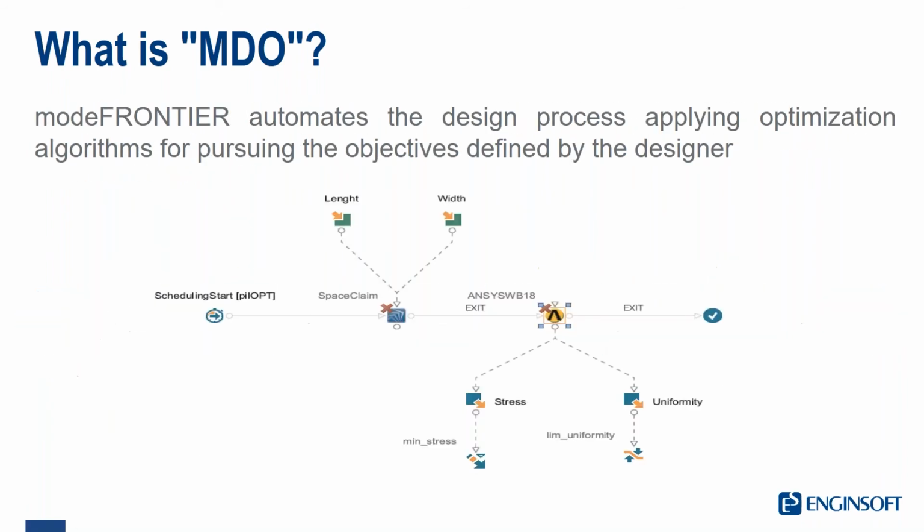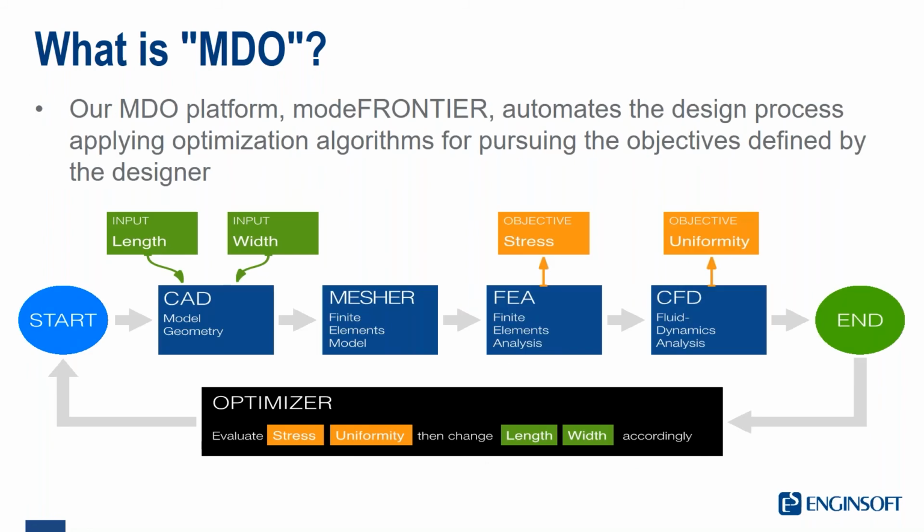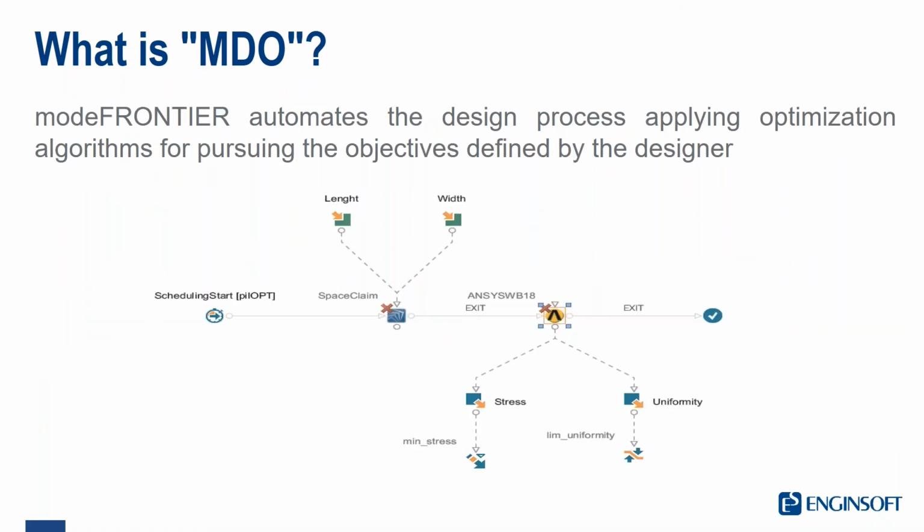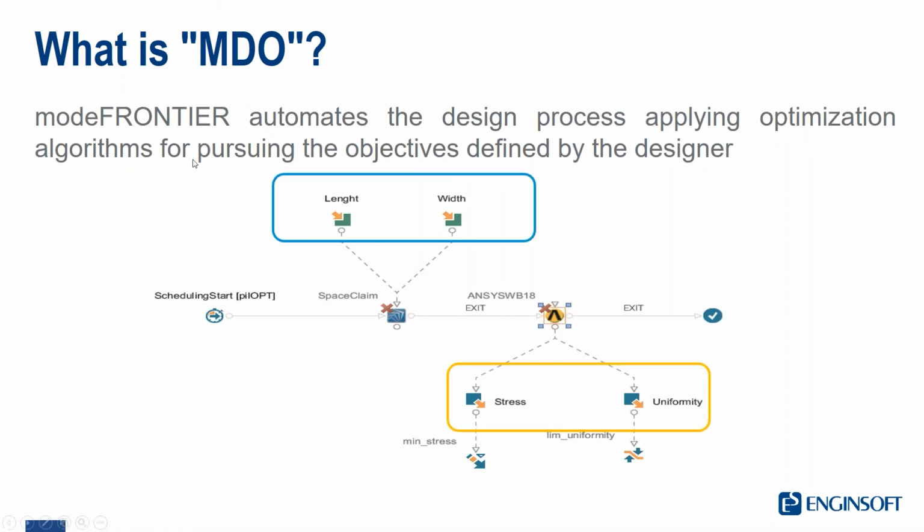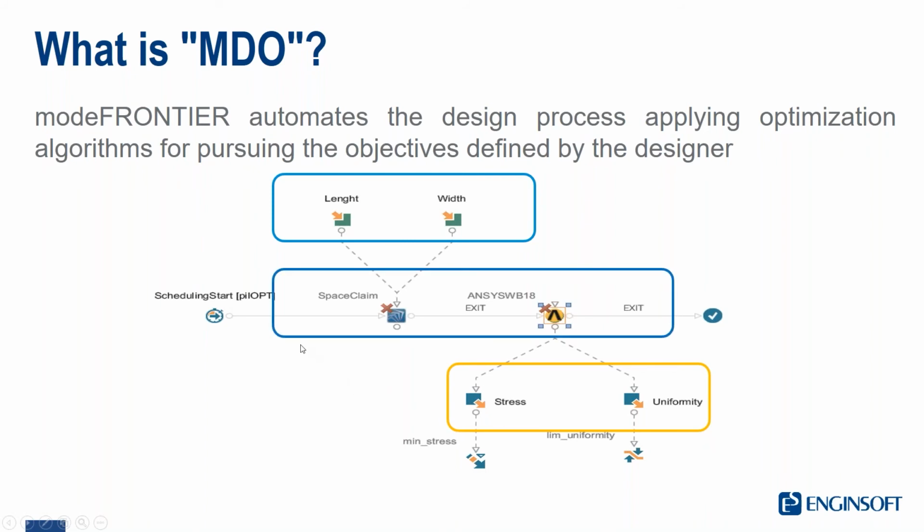How we can translate all this into a useful workflow inside an MDO platform is really simple. The process inside our platform can be summarized with a simple workflow where you find input parameters and output parameters with their objectives and constraints, and a logic flow that includes all the tools that you usually use in your day-by-day design activities.